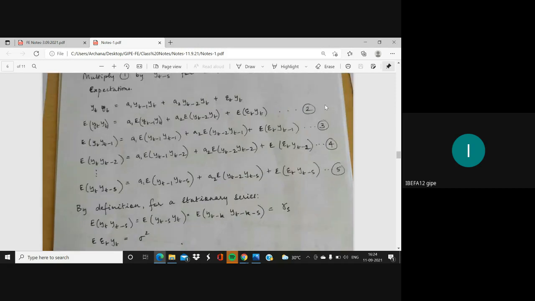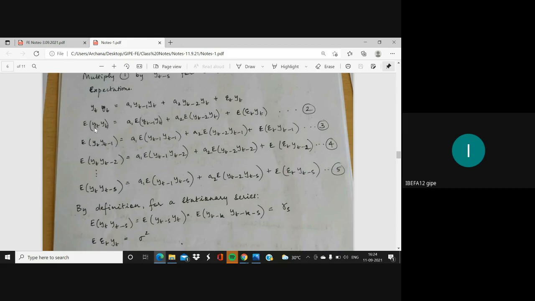So these are certain assumptions, and then we are going to use this to find the autocovariances and then the autocorrelation coefficients itself. Okay. Now using these equations that we formed, these are called the Yule-Walker equations. So using these equations, let's take the first one.